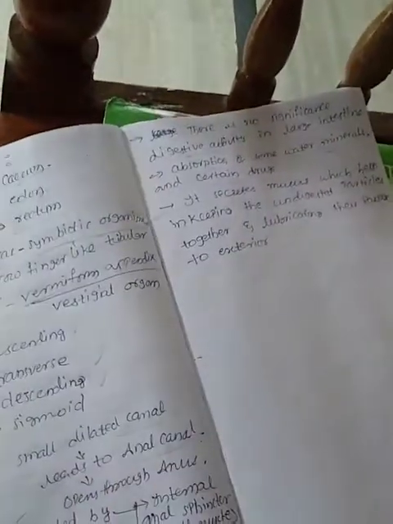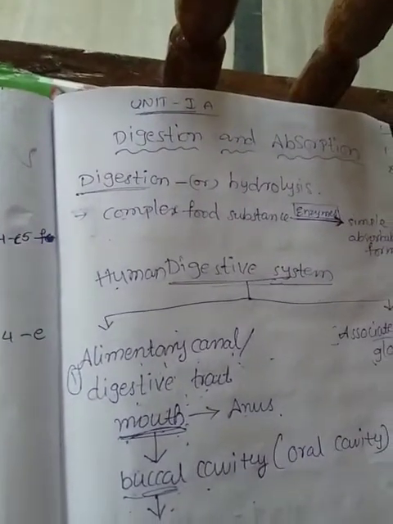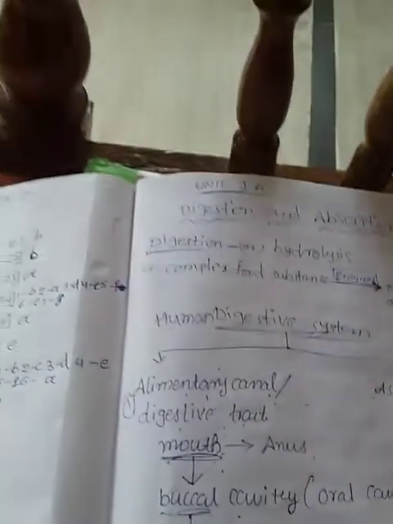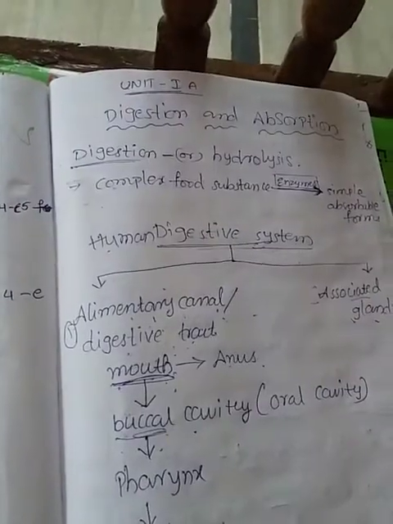This is the digestive tract of human being. A small recapitulation of today's class and the whole class. Digestion means complex food substances convert into simple absorbable forms with the help of enzymes.